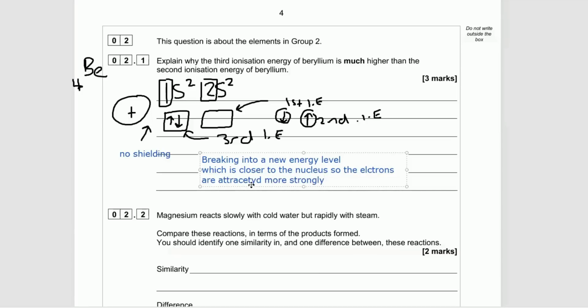Whatever, we've expressed that, even though I can't spell or type. Okay, so that's like 2 marks. We're breaking into a new energy level. It's closer to the nucleus, more strongly attracted.